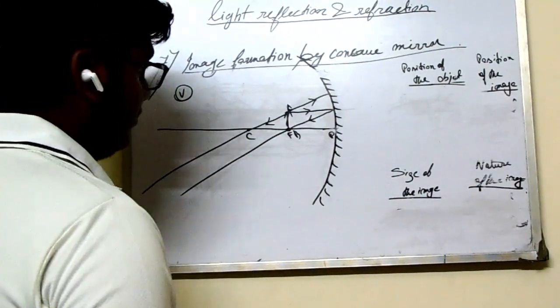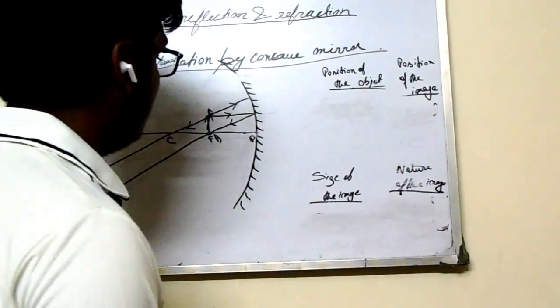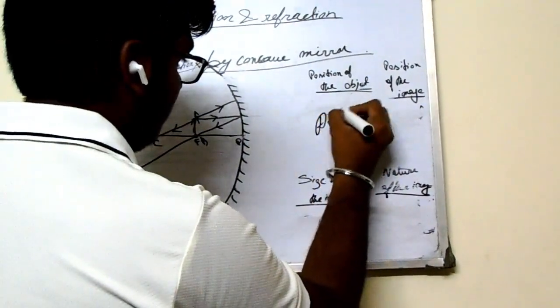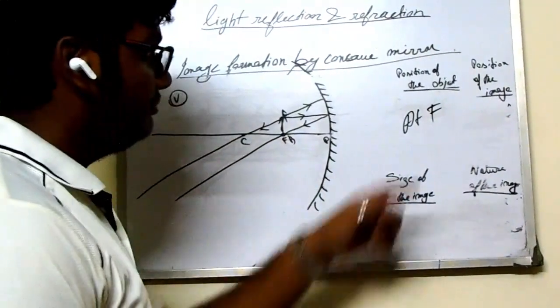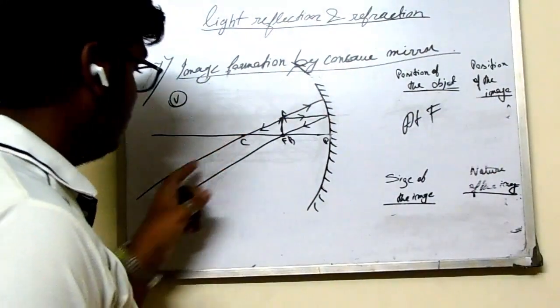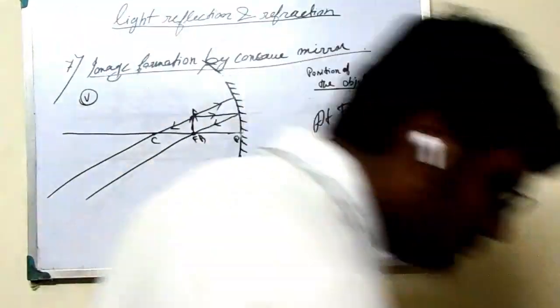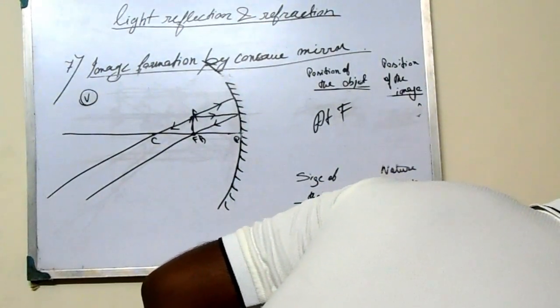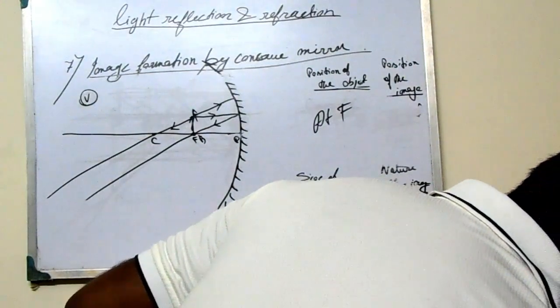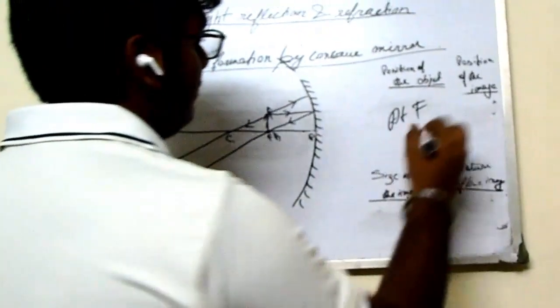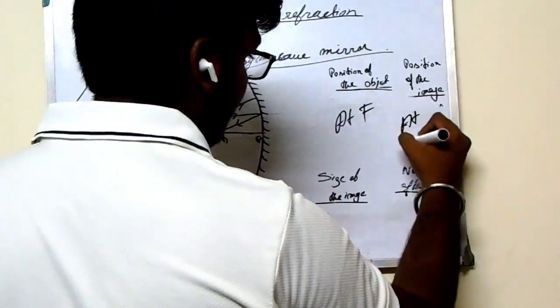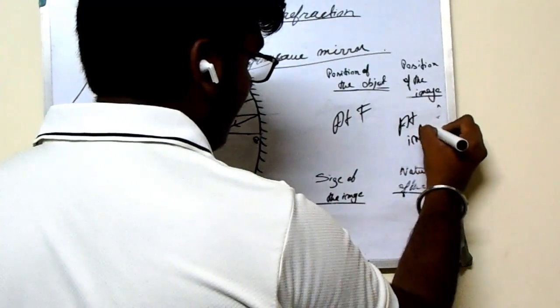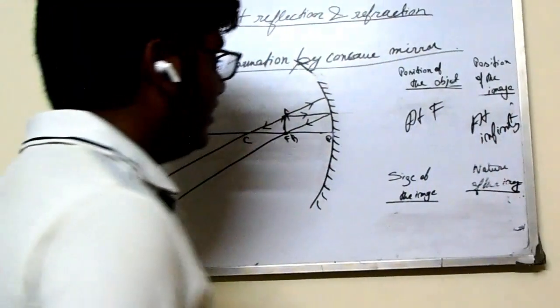So position of the object: at F. Position of the image: at infinity.